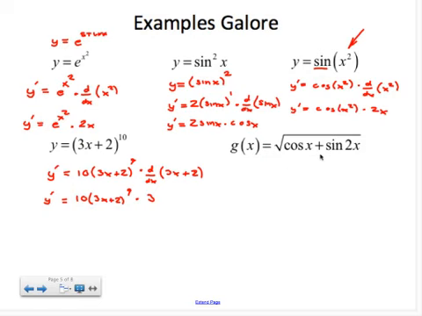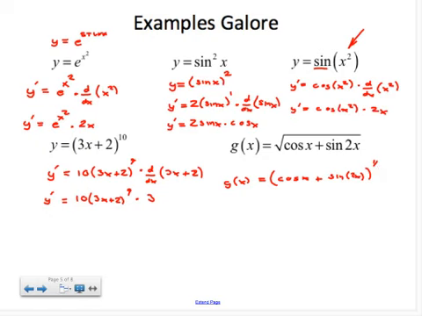Alright, now this one is kind of loaded. We got a bunch of stuff going on here. Who is the outermost function in this case? Well, it's the square root. And the rule I have for square roots is to make the square root into a half power. So let's go ahead and rewrite that. Sine of 2x is inside. This is a 1/2 power.